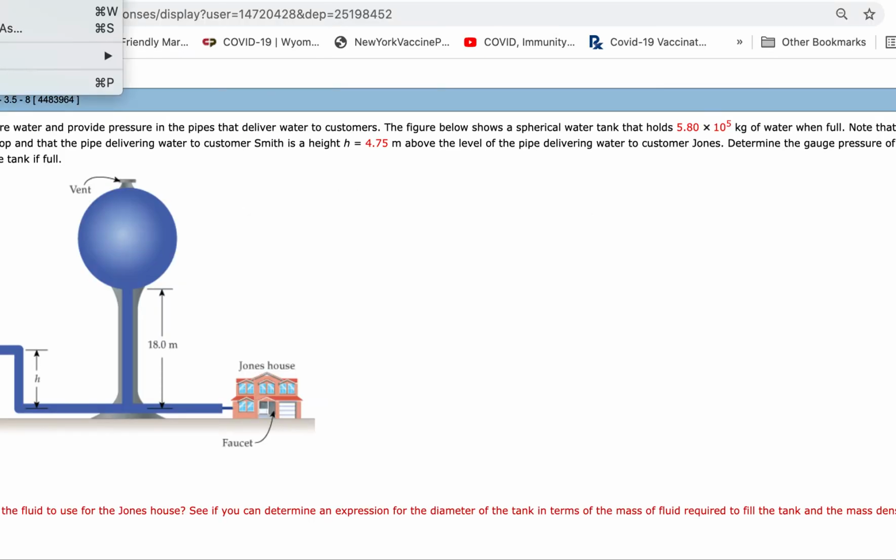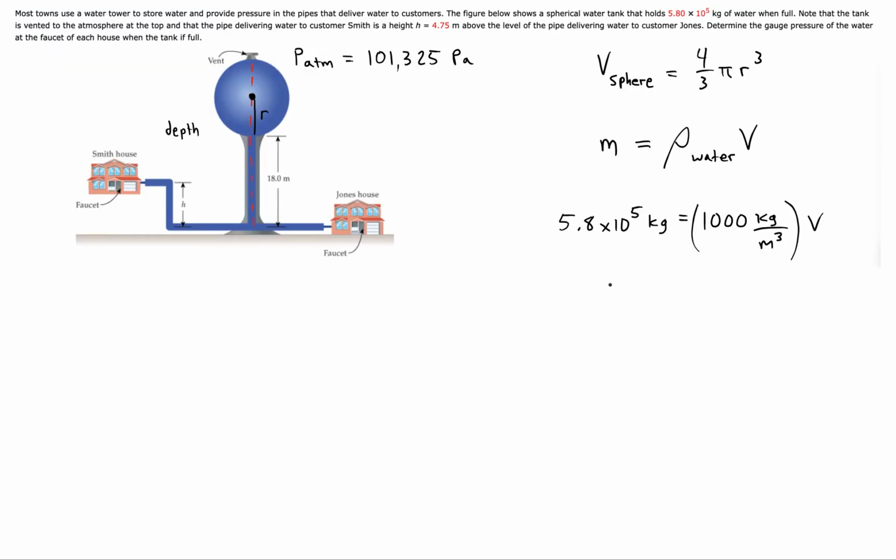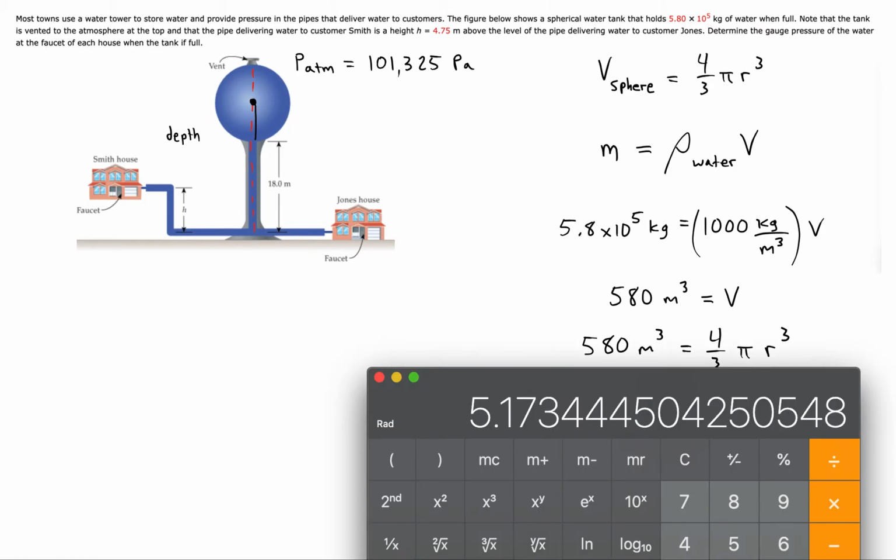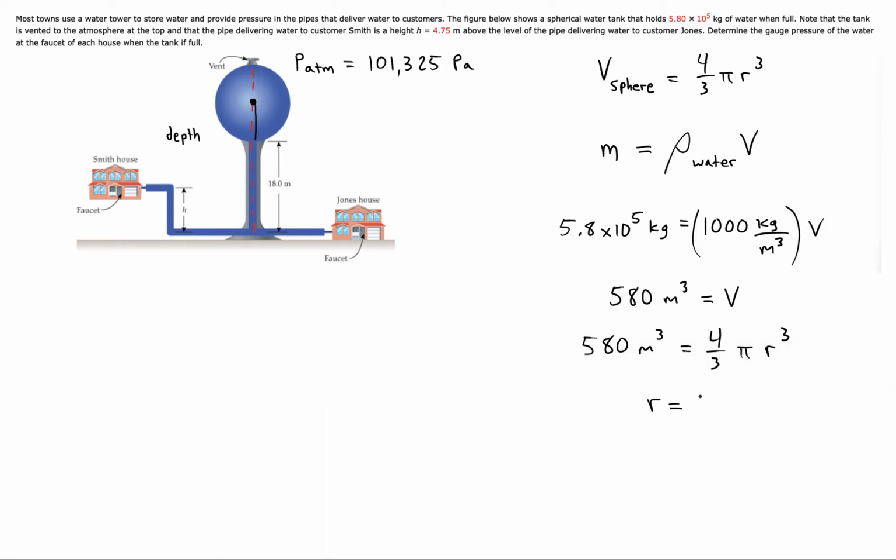Alright, so let me calculate that. Alright, we got 580 cubic meters of volume in that tank. We now want to set that 580 cubic meters equal to 4/3 pi r cubed and solve for r. This will reveal that the radius of the tank is 5.173 meters.